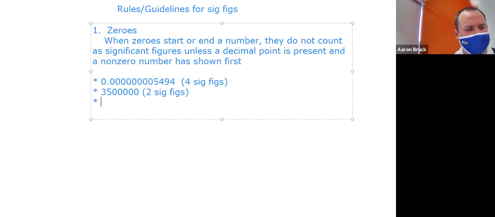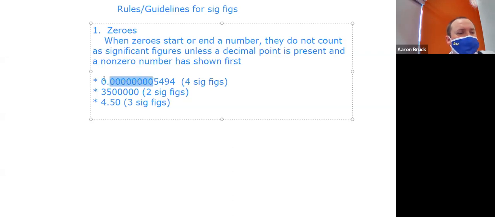But if I have a number like 4.50, this 0 is significant because it comes after a decimal place and there are non-zero numbers in front of it.